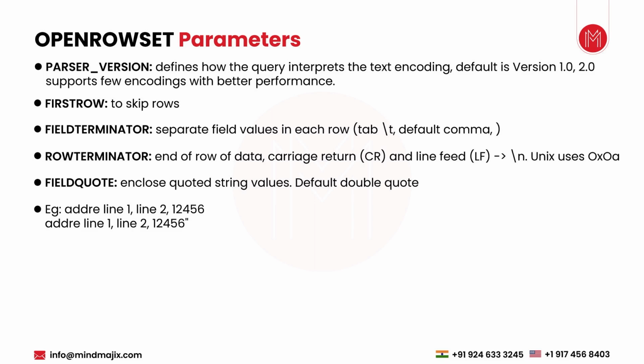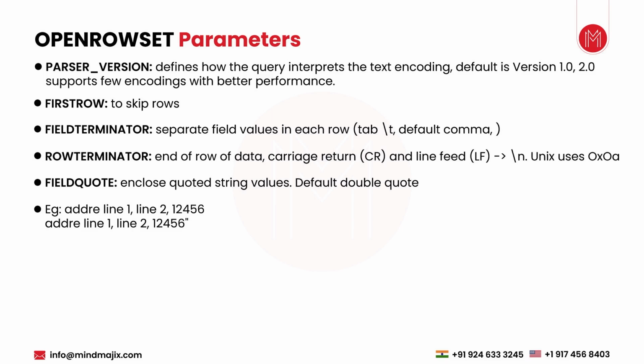And then field terminator. Initially we saw comma separated; by default it is comma. If you have data which is separated by any other character, you can mention the field terminator equal to, in single quotes, either a space or a hyphen or a double quote or something else. It's mostly space or a comma in general.